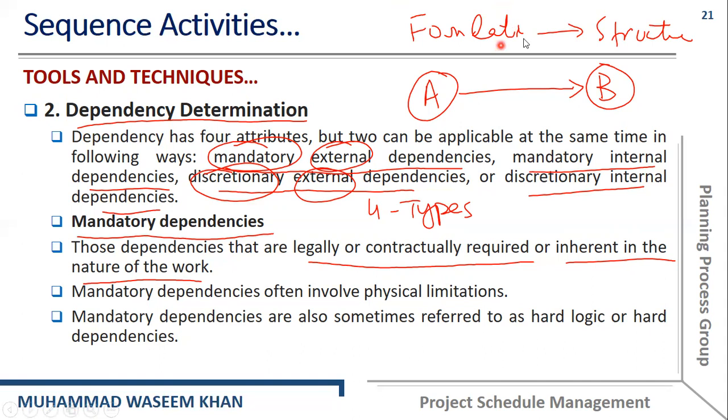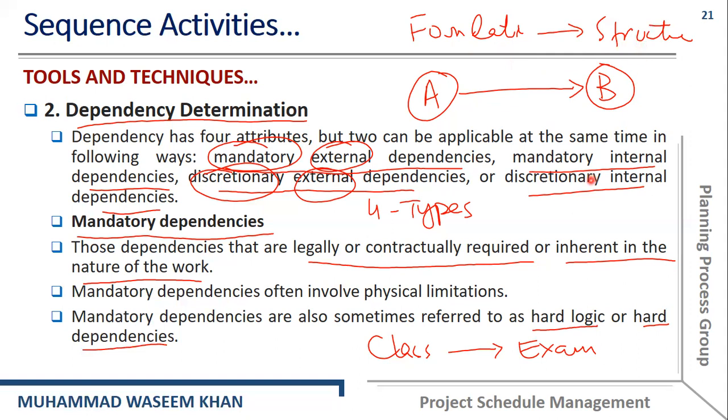So you can see here that this dependency is inherent in the nature of work. That is, it is necessary for you to first lay the foundation and then build the structure.